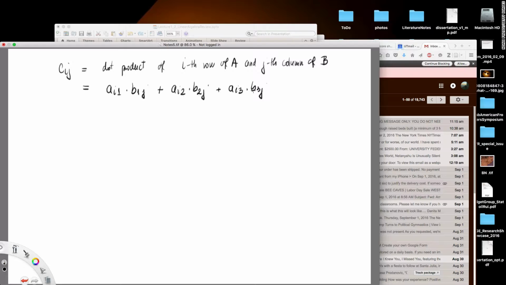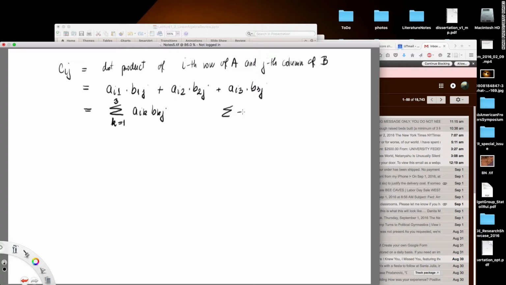And we are going to write that down using a summation term. Sum for k from 1 to 3 of A_ik B_kj. So this is just a way to formally write down those sums.